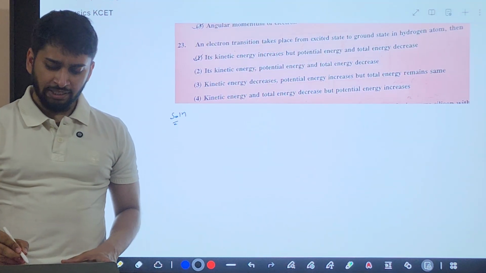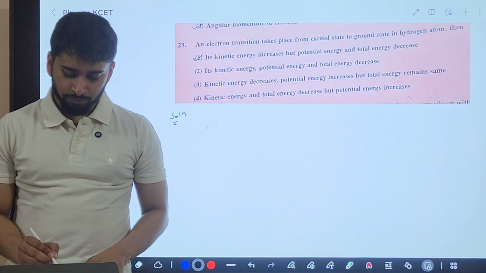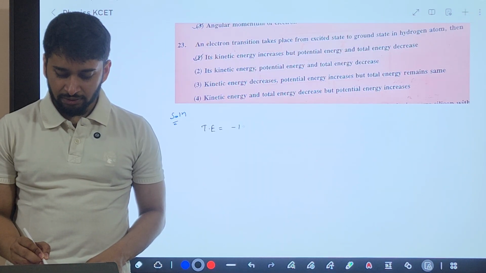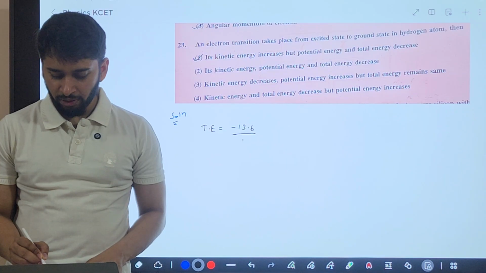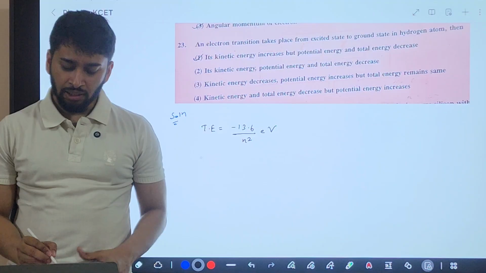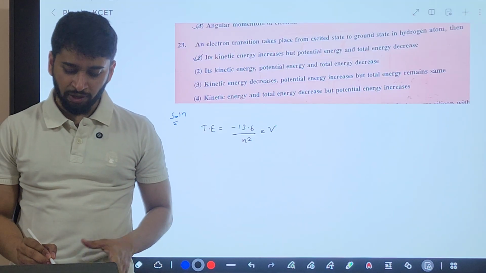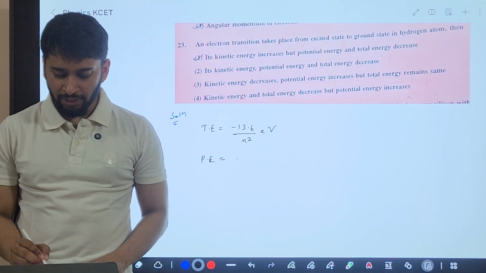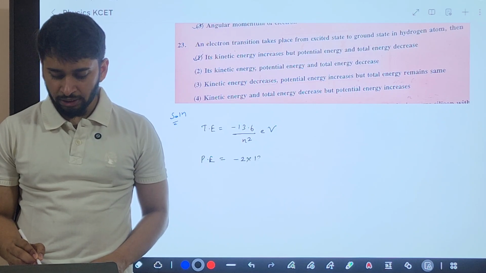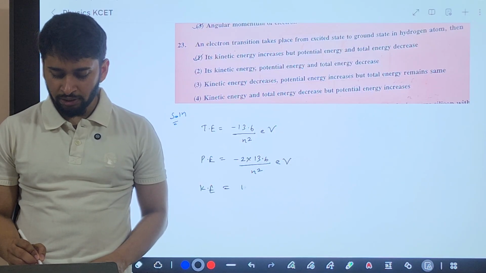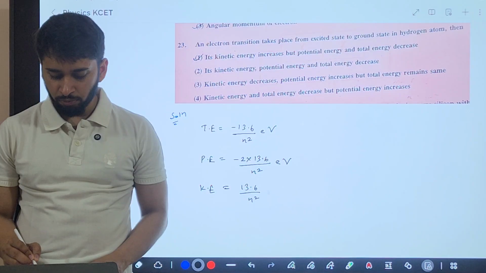Total energy is minus 13.6 by n square electron volt. If I am considering the hydrogen atom, Z is 1. Now potential energy is 2 times the total energy, so minus 2 into 13.6 by n square electron volt. Kinetic energy is negative of the total energy, so 13.6 by n square electron volt.